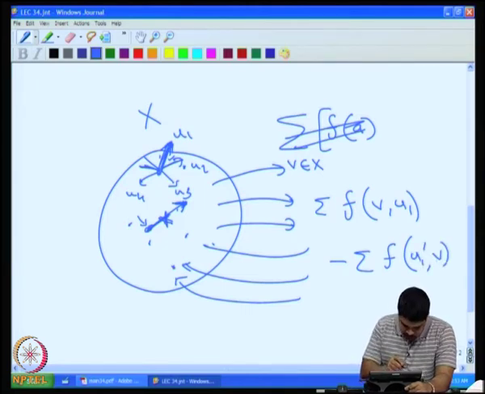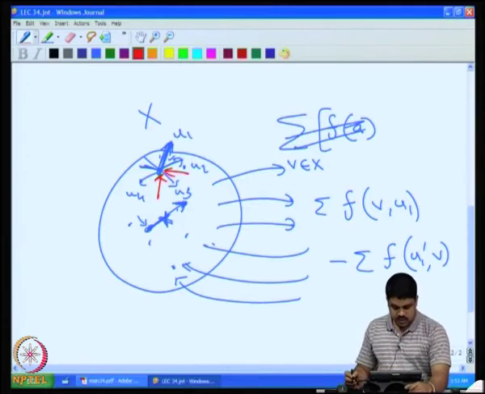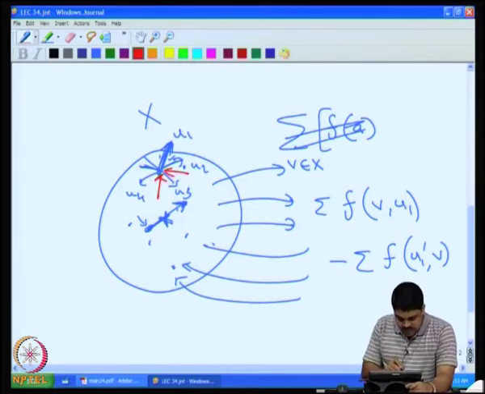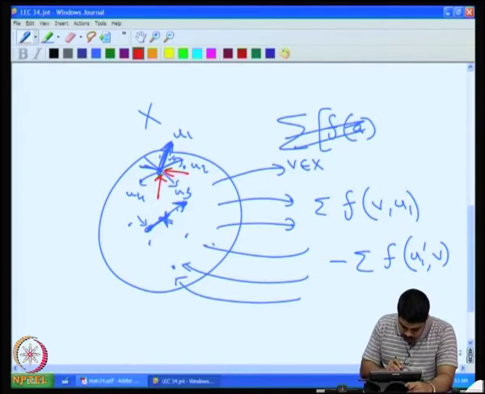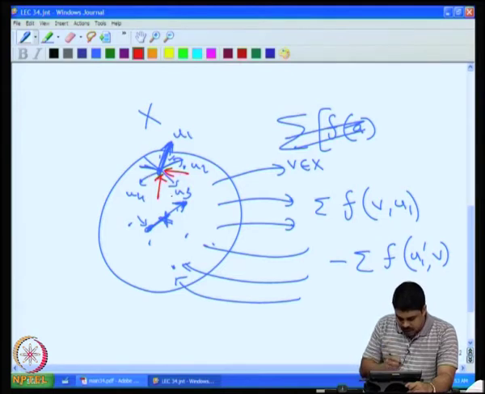These are the contributions due to the incoming arcs. Because it is a circulation, this sum should be 0 for a vertex. So, we sum up over a vertex all the flow values on the outgoing arcs minus the flow values on the incoming arcs. This being 0, the total has to be 0, because each vertex will contribute a 0.